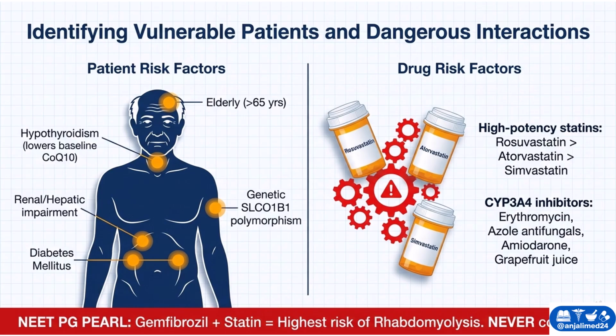And here's your NEET PG pearl. Don't miss that. Gemfibrozil plus statins has the highest risk of rhabdomyolysis. This combination should be avoided. So, identifying these risk factors early can literally prevent life-threatening complications.